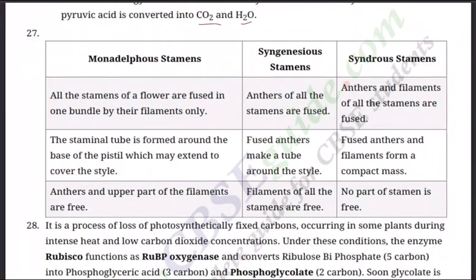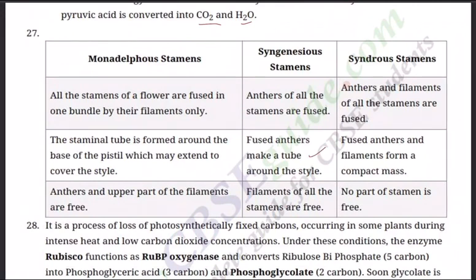Now, question number 27. Monadelphous, diadelphous and polyadelphous stamens are types of stamens, the male reproductive organs in a flower. In monadelphous, all the stamens of the flower are fused in the form of one bundle by the filaments only. The staminal tube is formed around the base of the pistil, which may extend to cover the style.